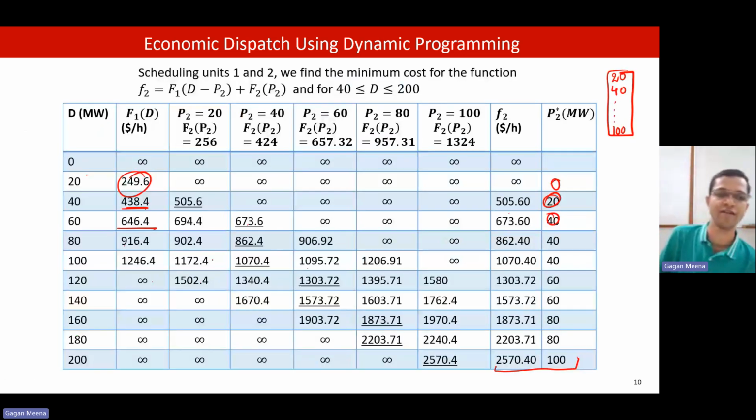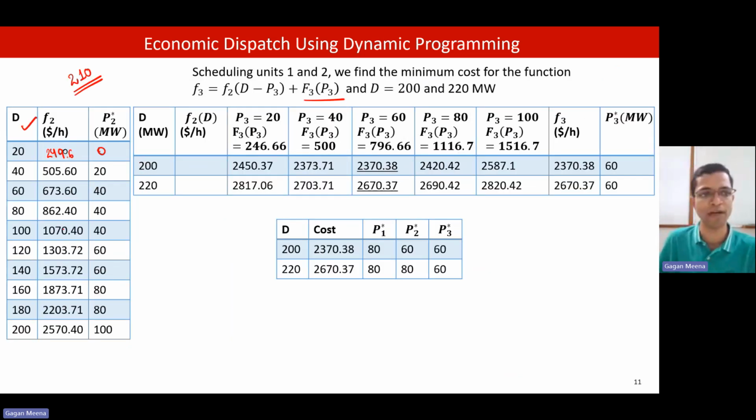Same thing we are doing here. We have calculated all the combinations for the first 2 units and all the possible demands which can be met, at what cost, and what the optimal generation will be. Now we want to see how 3 units will supply a demand of 210. For that, we have already calculated it for 2 units.